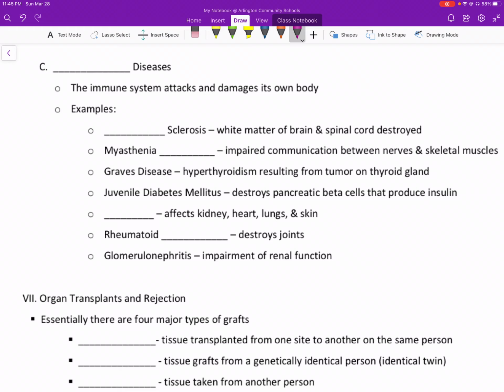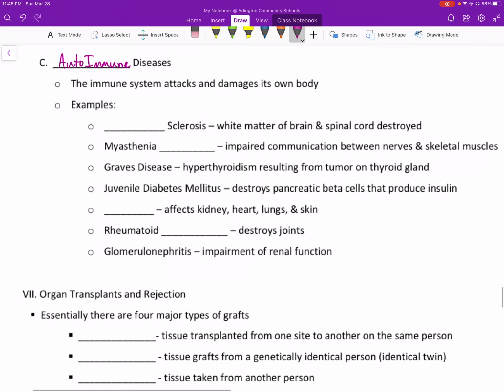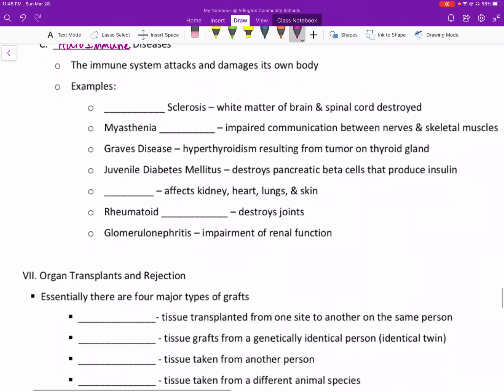Then we have autoimmune diseases. These diseases attack and damage the body itself.